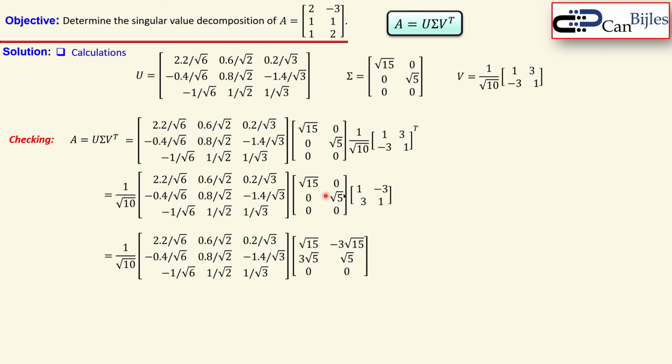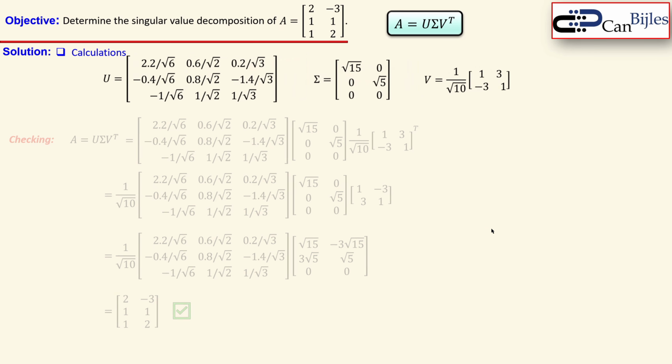And then the second row and the first column, and the second row and the second column, will be here, etc. If you work this out, this is pretty straightforward for matrix multiplications, you get the result as we have it in the original situation for A. So this is indeed correct.